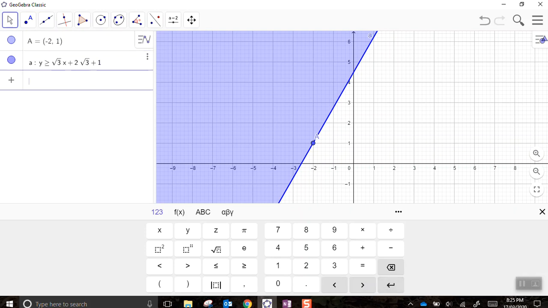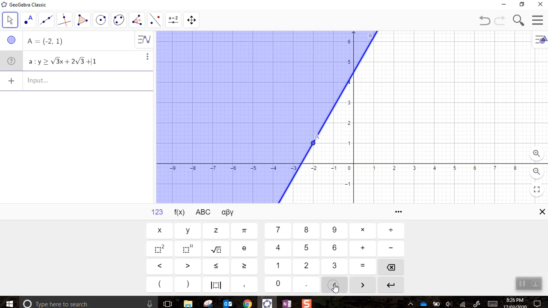Enter. So there's our first inequality. I think I might have got the inequality backwards on that one. I did get the inequality backwards. Let's go back and edit that.